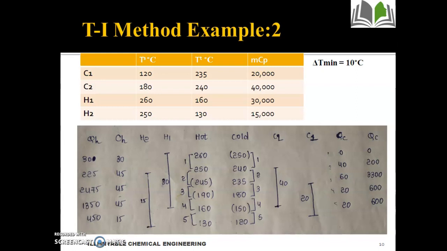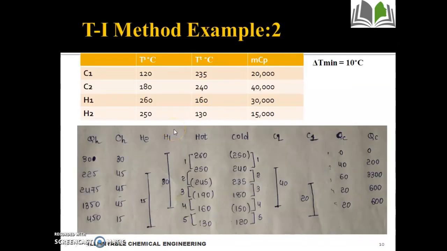So the particular source and target temperatures are given for the total 4 streams. MCP data is given. The specific heat for the particular streams is given, 20 into 10⁻3, that kilowatt is given.